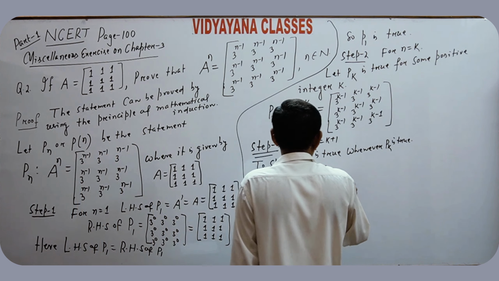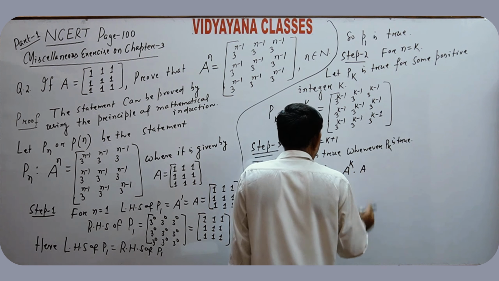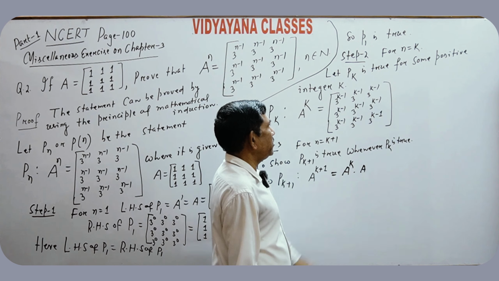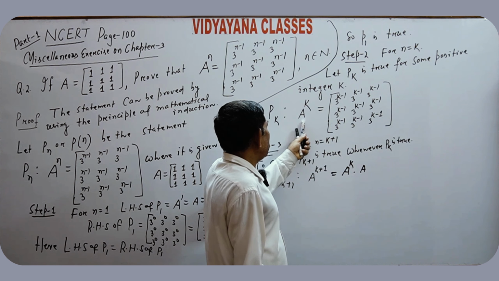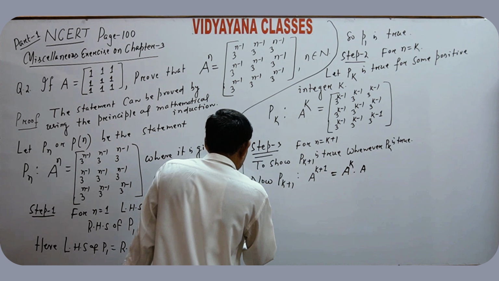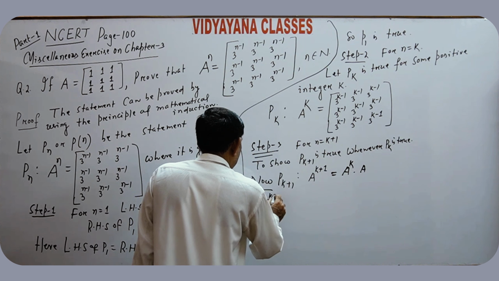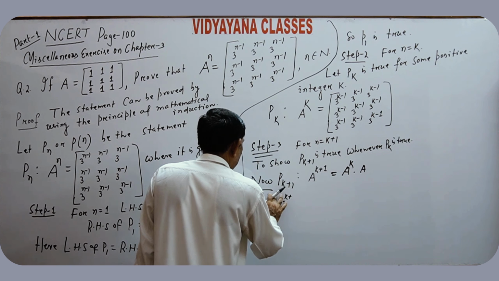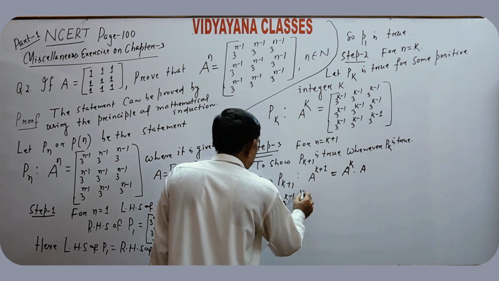Now P(k plus 1) is the same as A to the k into A. It is assumed that the statement is true, Pk is true for n is equal to k. A to the k is equal to the matrix with each element 3 to the power k minus 1.